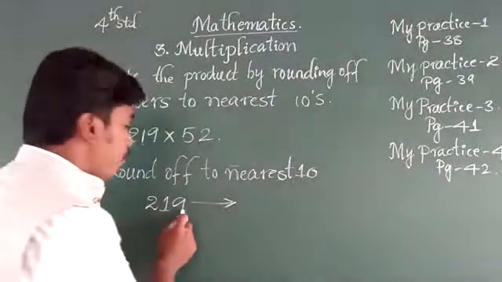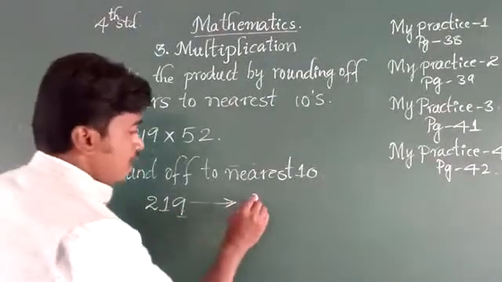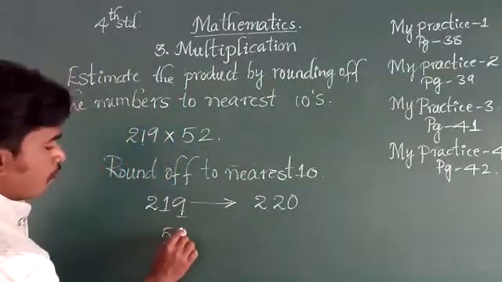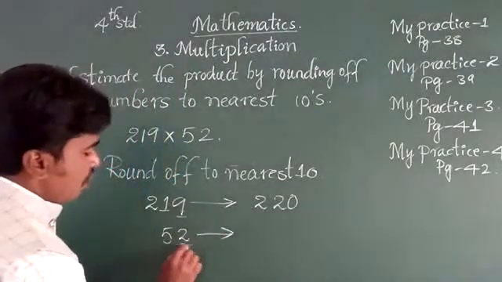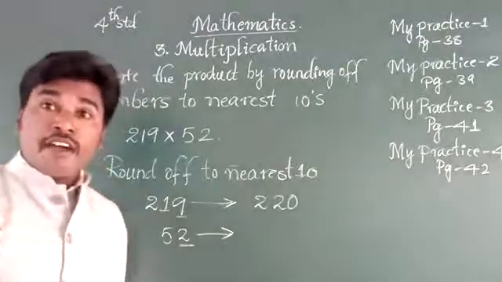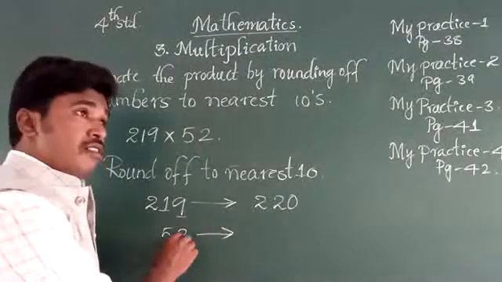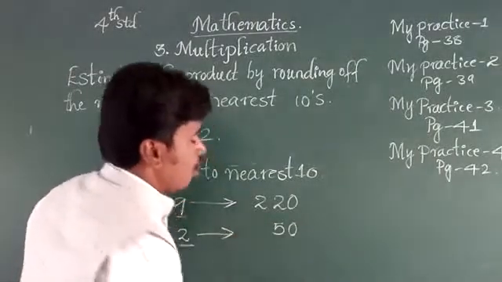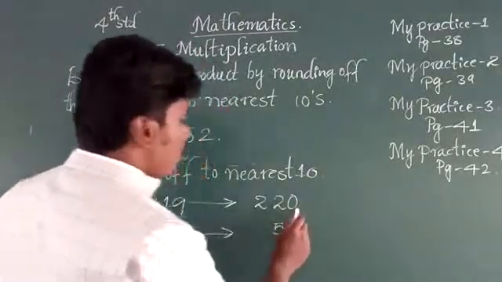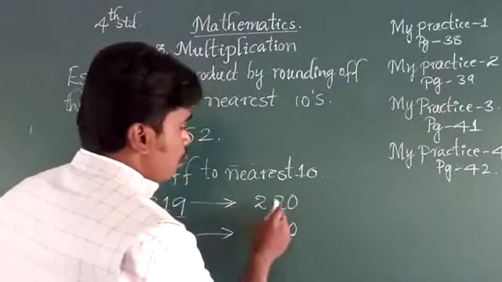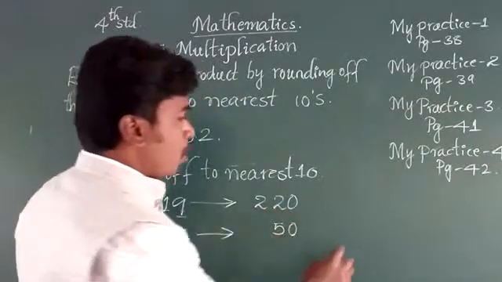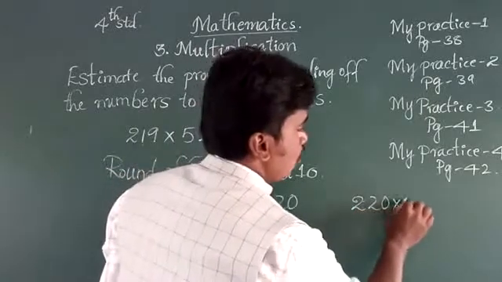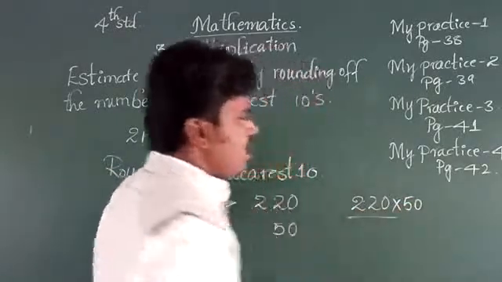So it is greater than 5, so the next 10 is 220. 52: the last digit is less than 5, then you come to the previous 10. Previous means it is 50 only. Now you can multiply these two numbers. So 220 into 50. Yes students, it's very easy.